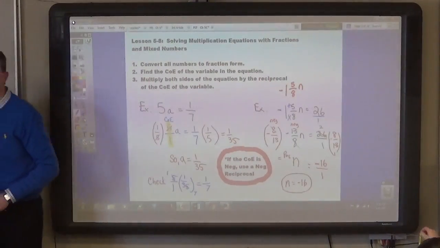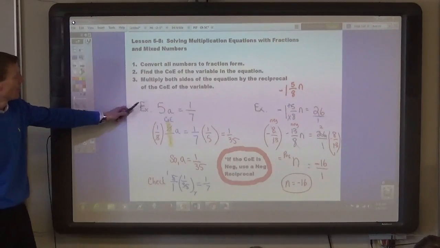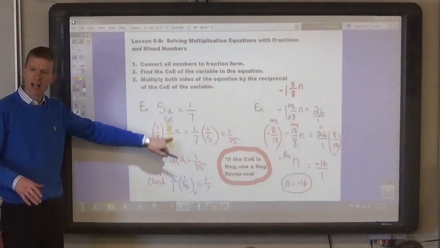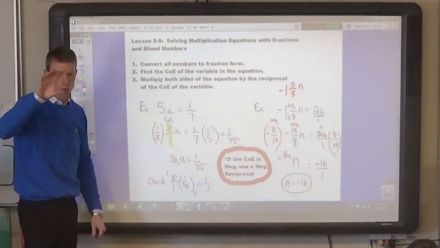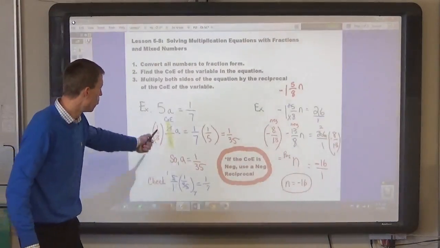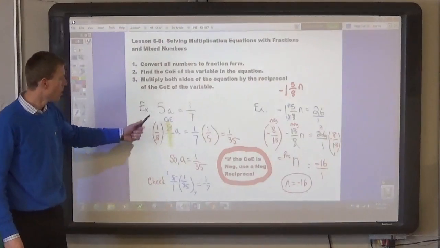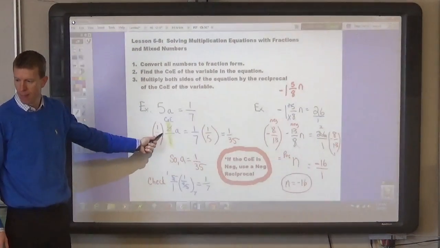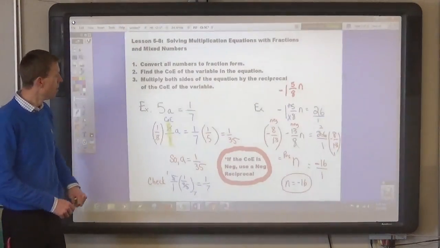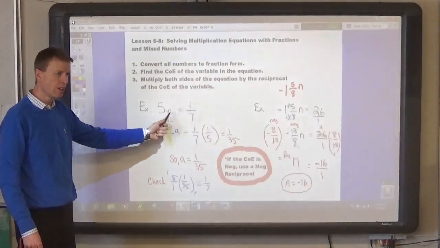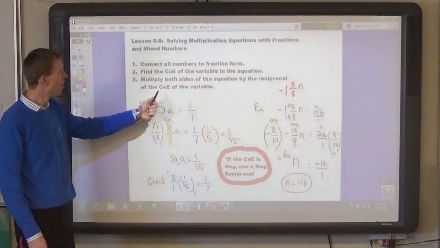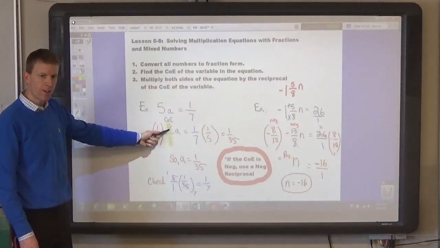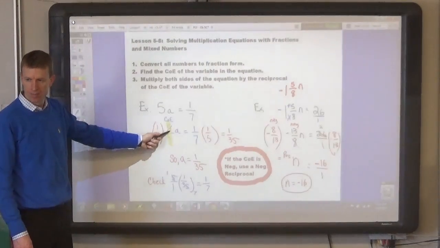That's already there. Now, what we have to do to solve with a fraction, or to eliminate the fraction and change it to 1, so we have 1 of the variable, is we have to multiply that fraction times its reciprocal. Okay? So, start on the side with the variable and multiply this number, this coefficient, by its reciprocal.